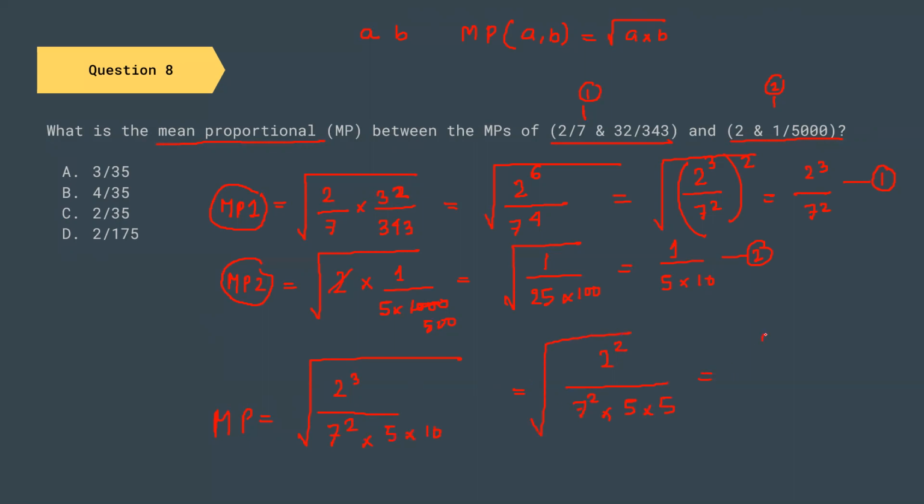So this can be written as 2 by 7 into 5 whole square and square root. So that gives us 2 by 35, and this is our final result, that is option number C.